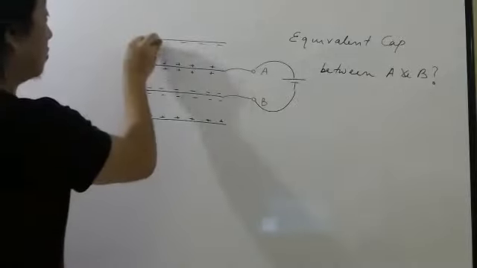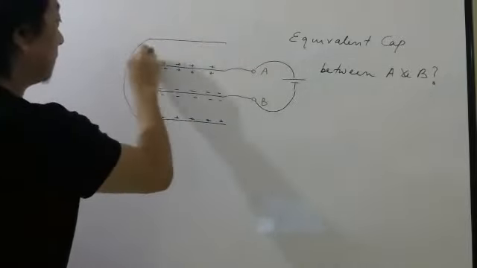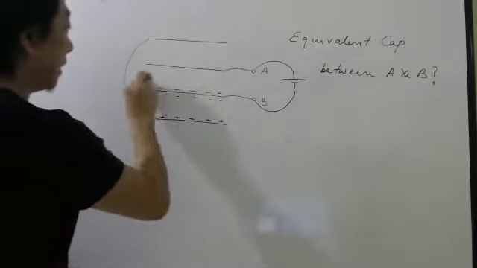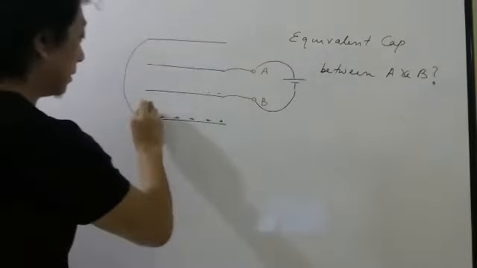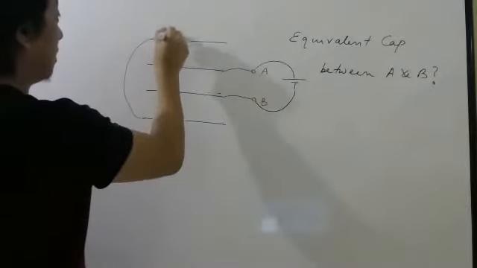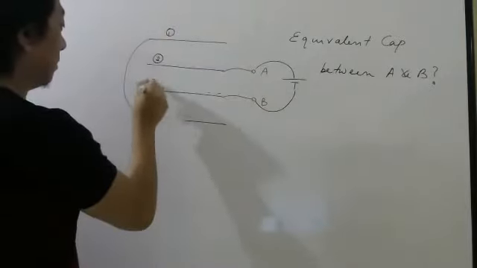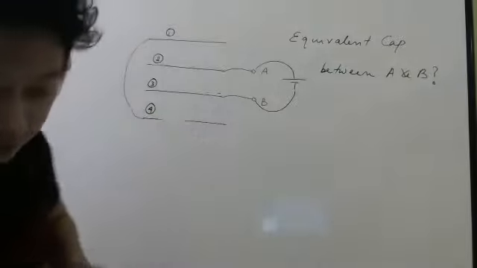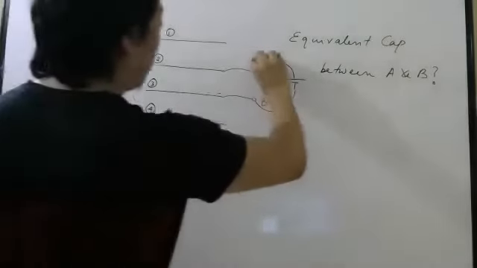After you have understood how the charges will distribute, what you do is number the plates. So plate number 1, plate number 2, plate number 3, plate number 4. Right? We want equivalent between which points?